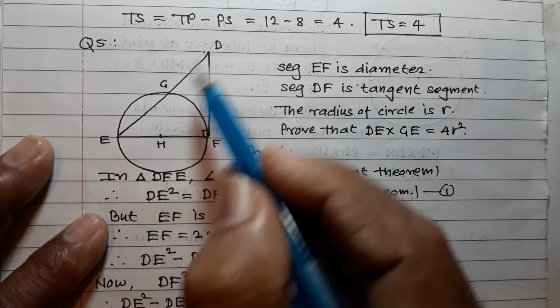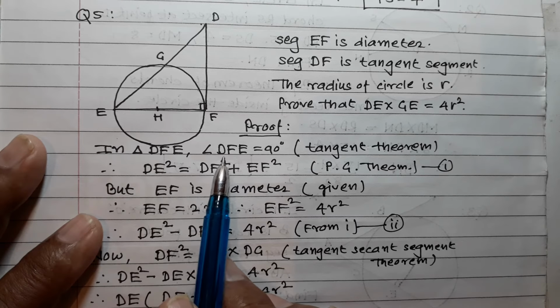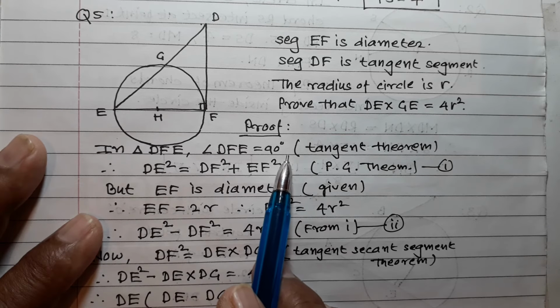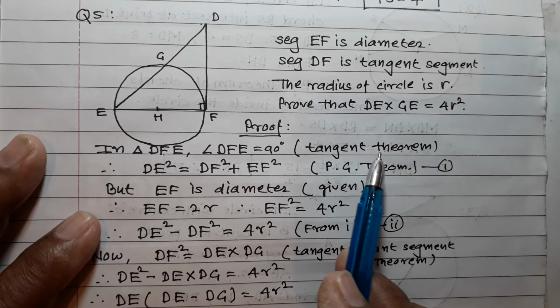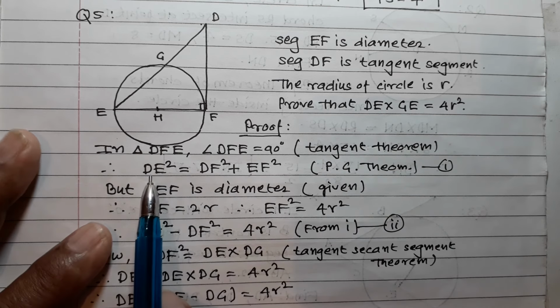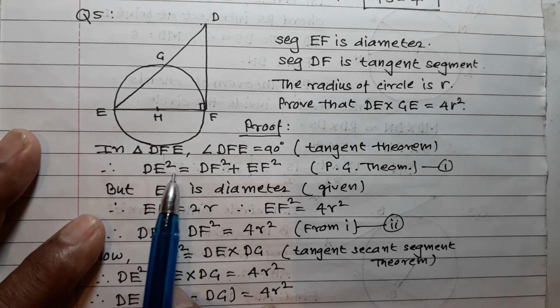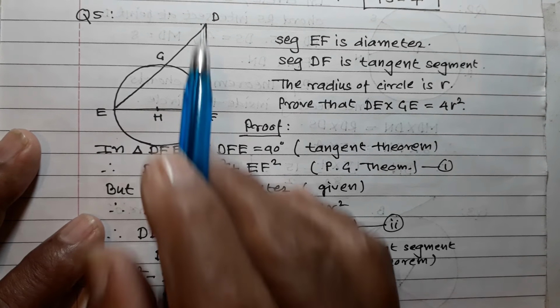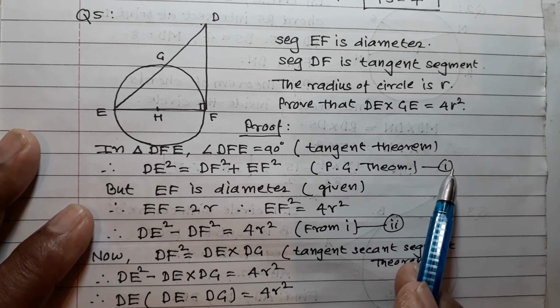In triangle DEF, angle DFE is equal to 90 degree, tangent theorem, and therefore DE square is equal to DF square plus EF square. Pythagoras theorem, statement number 1.